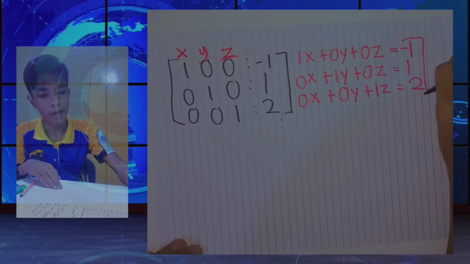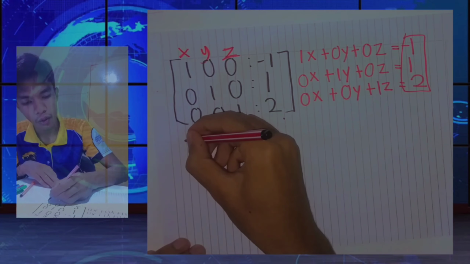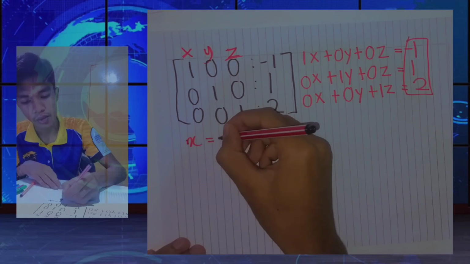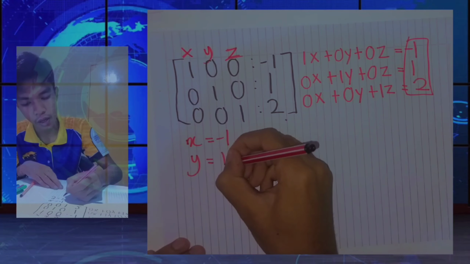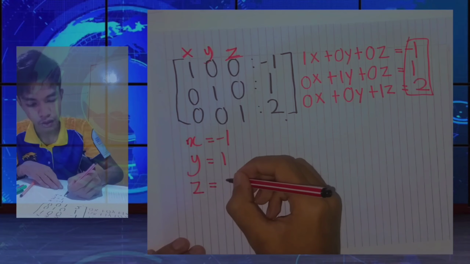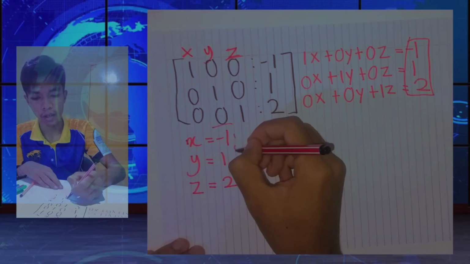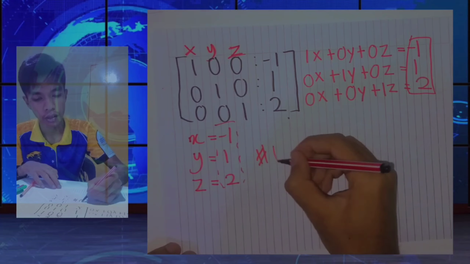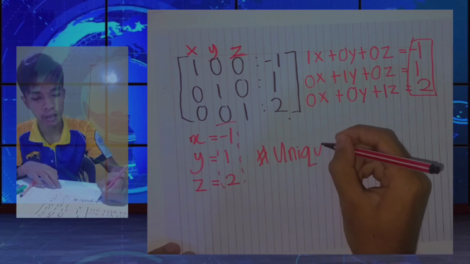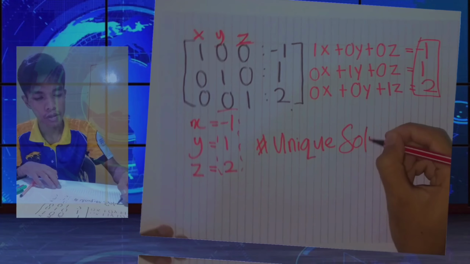So by this it means x equals negative 1, y equals 1, z equals 2. So we already get the solution, and we call this a unique solution.